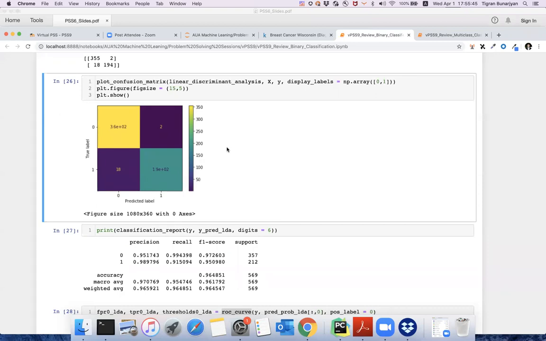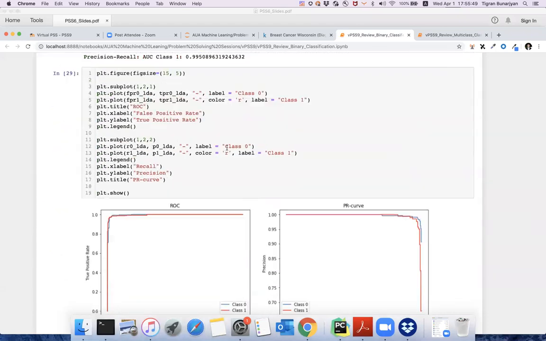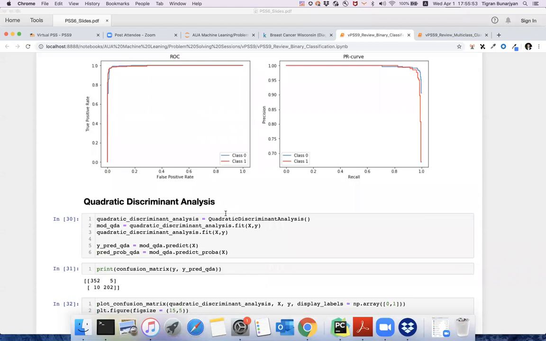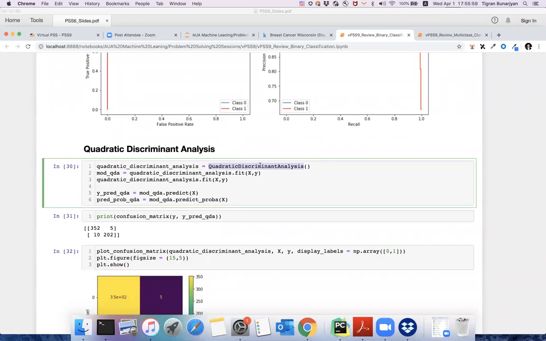Okay, and the implementation of the QDA is pretty similar to the LDA. We just use the quadratic discriminant analysis method in here, and we move on using the same procedures that we used in the LDA and the LR models.